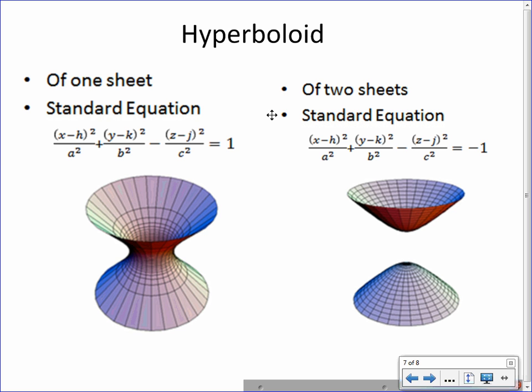You're still going to have two different traces that are hyperbolas and one trace that's an ellipse. Now, these figures, other than a sphere, I will not test you on. But I think these are really cool, and I think exposing you to them is worthwhile.